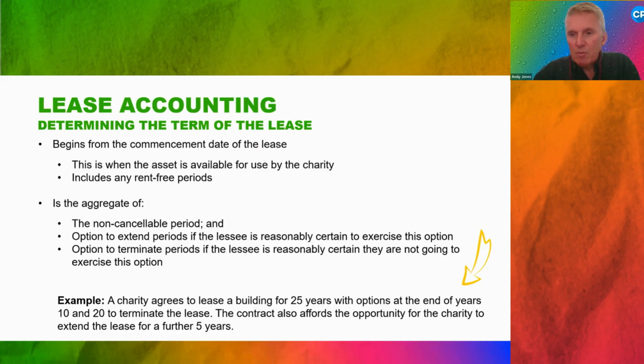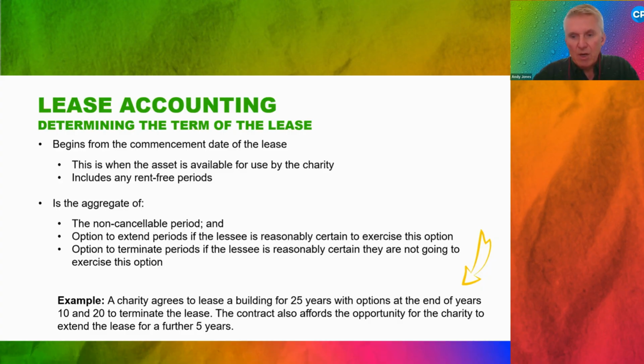Now applying the second point, if the trustees were reasonably certain at the point that they signed the lease that they're not going to terminate it after 10 years, they really are going to occupy it for the full 20-year period, then that would be the term of your lease. It would be 20 years, because you're reasonably certain at that point in time that that's what you're going to do.